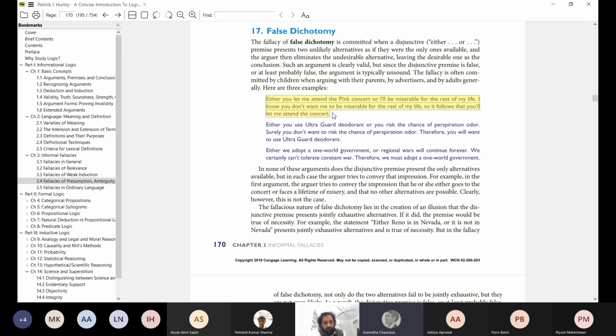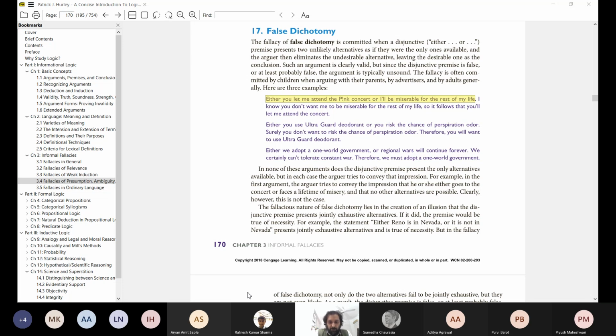There is a probability that even if I don't attend the concert, I won't be miserable for the rest of my life. That's right. The point is that this is not an exhaustive list of possibilities. And that's why it's called a false dichotomy. A dichotomy is when you have two options.